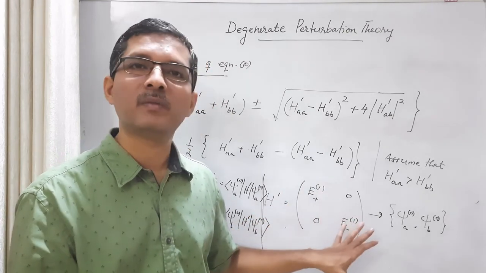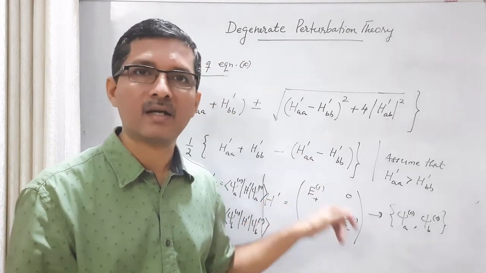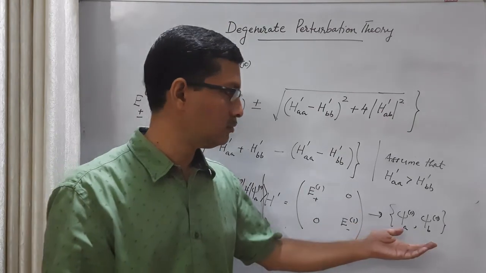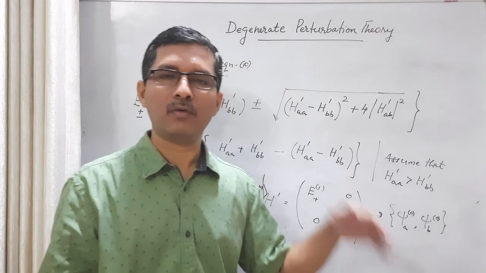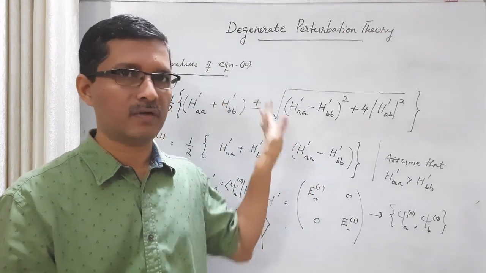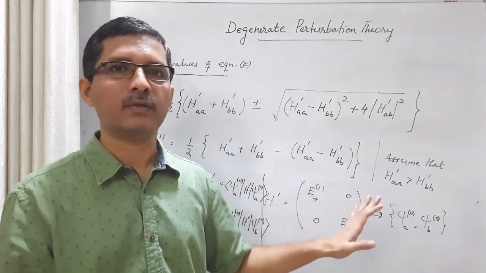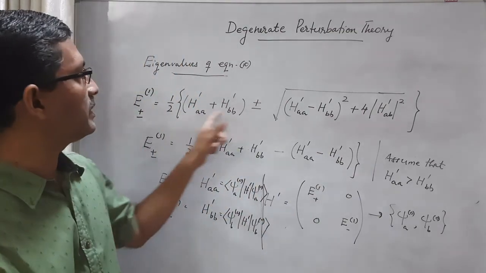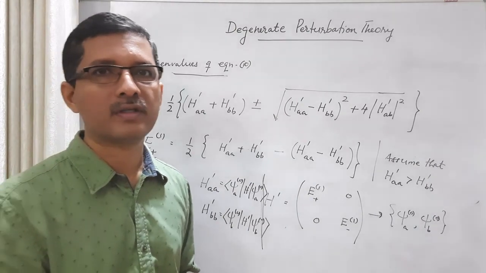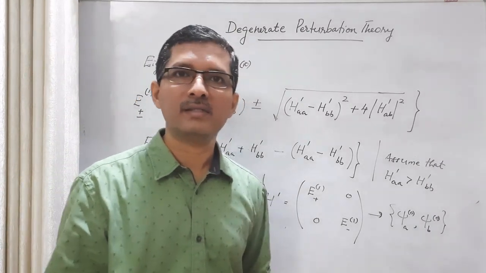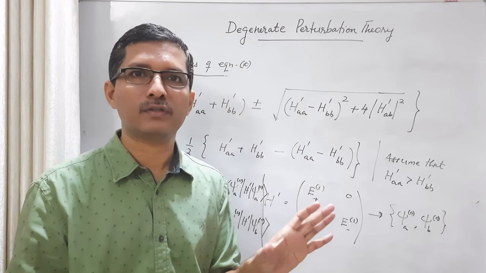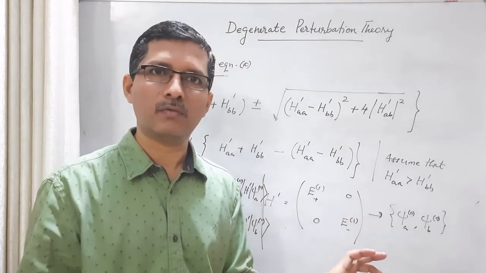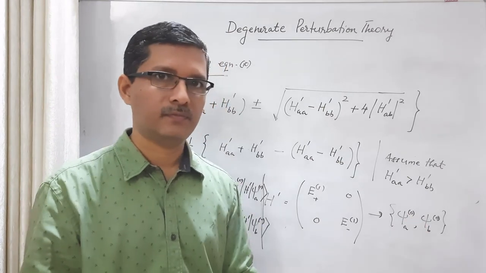Automatically the perturbing Hamiltonian will be diagonal in those good eigenstates, and the diagonal elements will be the first order correction energy. If we don't know what the good eigenstates are, then we have to solve the eigenvalue equation, equation 10. Then we will get two values for energy, and the corresponding eigenstates will be two sets of values for alpha and beta, which give you the correct linear combinations of the old eigenstates, which were not good.